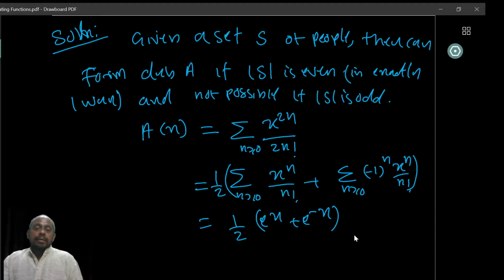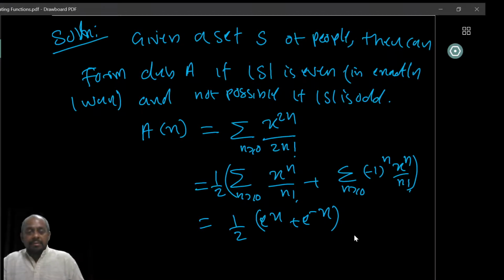So given a set S of people, they can form club A if the cardinality of S is even, because club A must have an even number of people. If the cardinality is not even, we cannot form a club. So if even, it can be formed in exactly one way, because given a set, we want all of them to be in the club, and there is no order or anything.